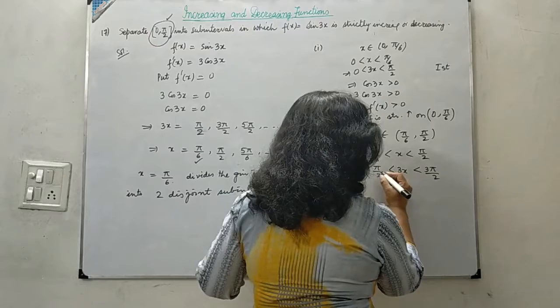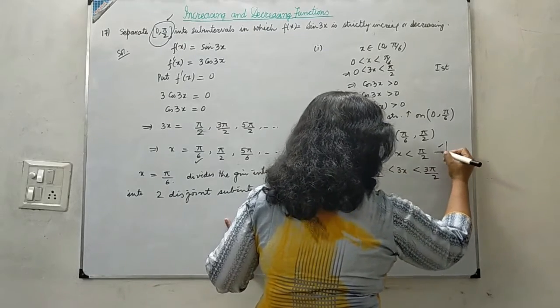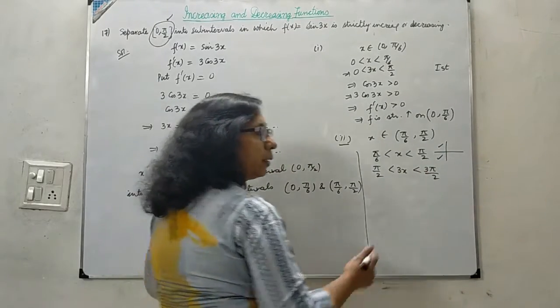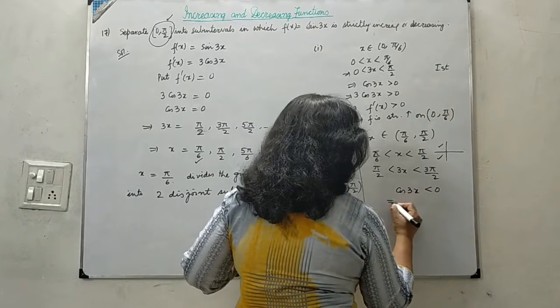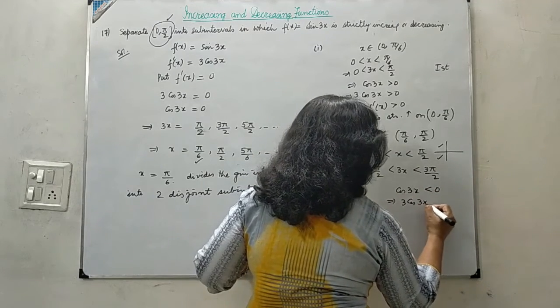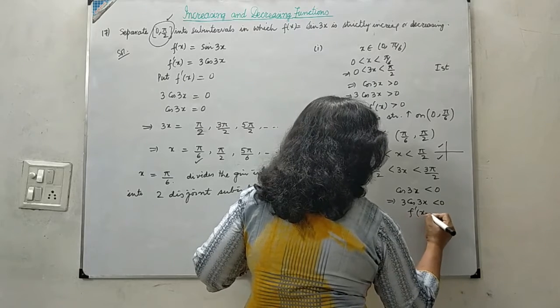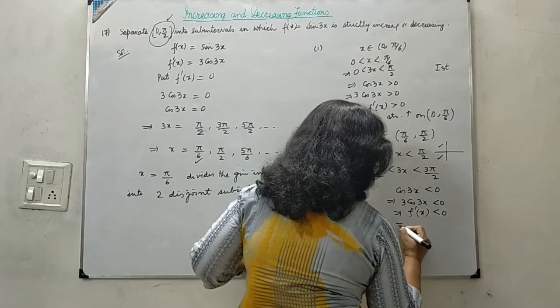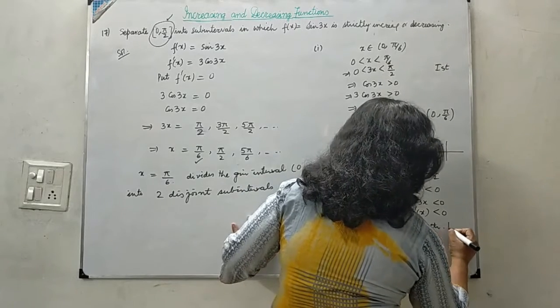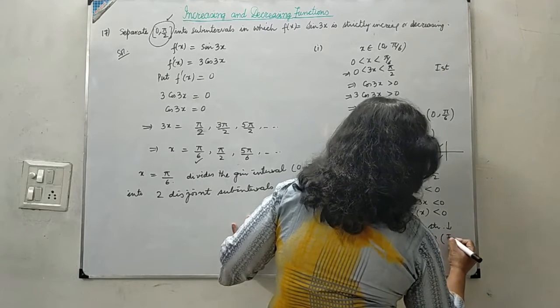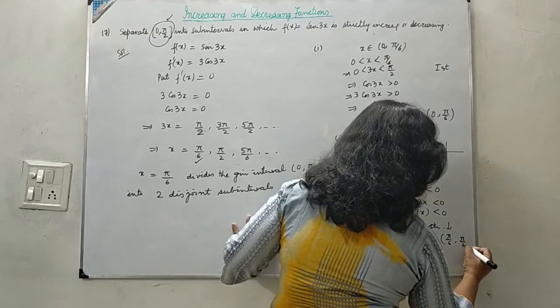So this is the second and third quadrant. In the second and third quadrant we have cos 3x less than 0. So 3 times cos 3x is less than 0. Then f'(x) must be less than 0. Then the function is strictly decreasing on the interval pi by 6 to pi by 2.